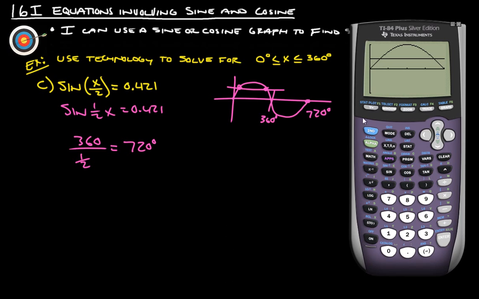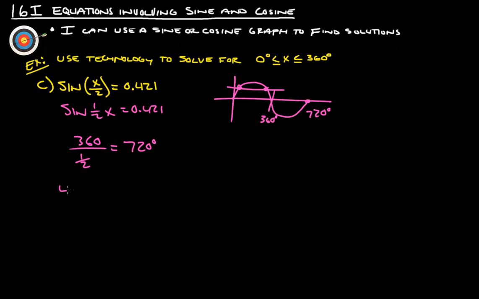So with this, second calculate, intersect. I'm going to scroll back over here so I'm at least close to that one. Enter, enter, enter, estimates 49.8. So the first one is at 49.8 degrees.